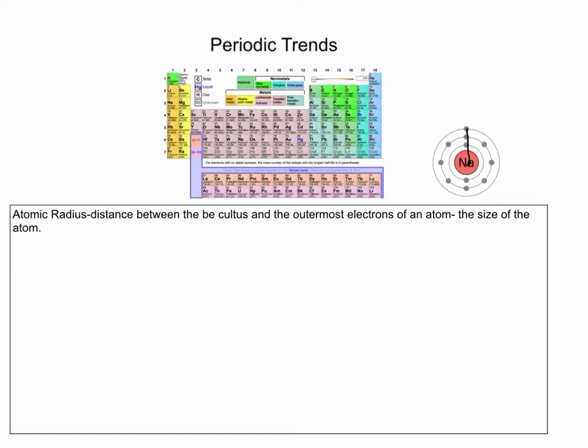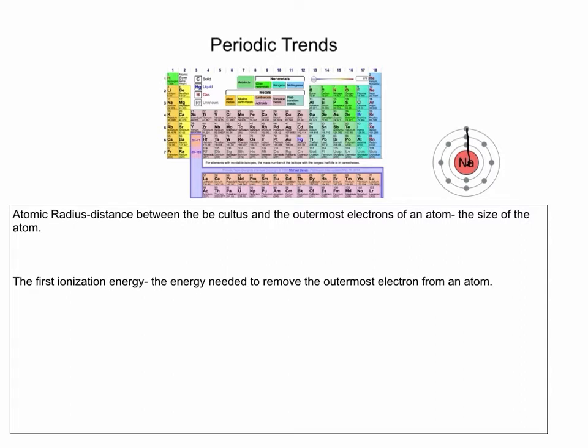The second trend we're going to look at is the first ionization energy. And this is the energy needed to remove the outermost electron from an atom.